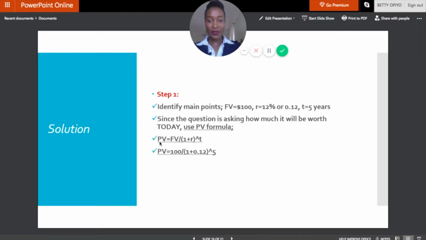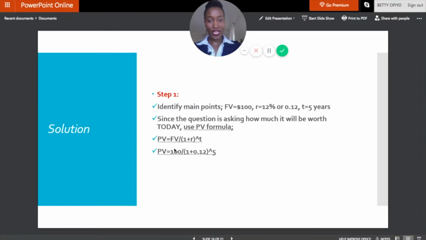So PV, the present value, is equal to FV, or the amount that you're expecting to have in the future, divided by 1 plus R raised to power T. You know what R and T mean. R is the interest rate and T is the duration of the investment. So PV is what we're looking for here, what the question is asking you to find, and it is equal to FV.